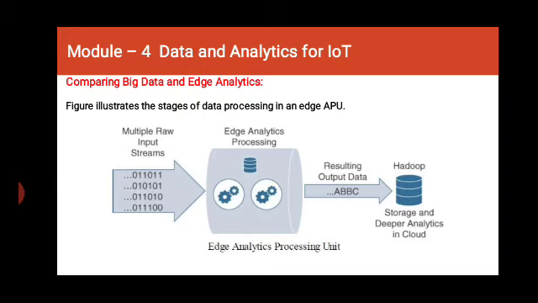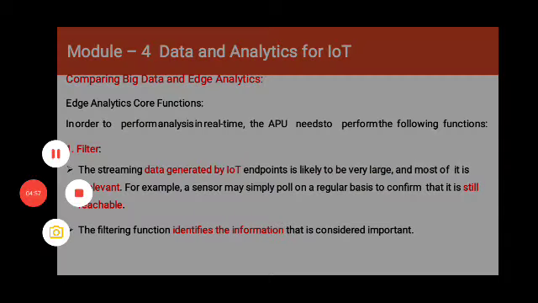Then edge analytic processing; basically you are going to have only one unit of this. Then the resulting output data is stored onto the cloud using data analytic tools such as Hadoop.